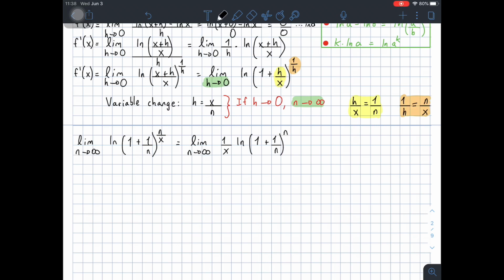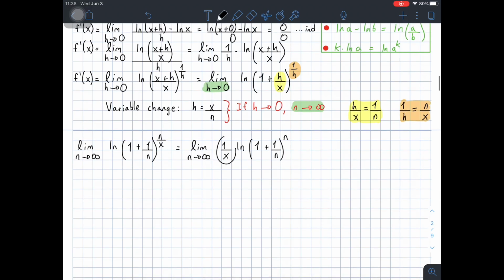And before doing this, since we're looking at the limit when n approaches infinity, I can treat this as a constant number, so I can take it out of the limit.